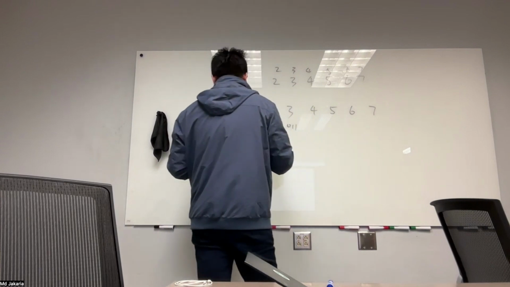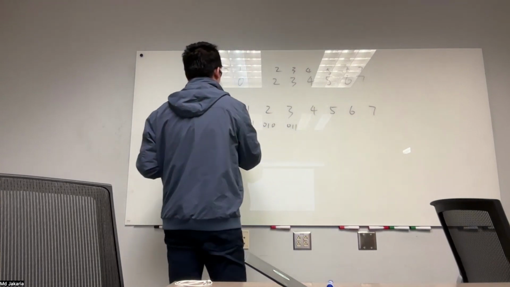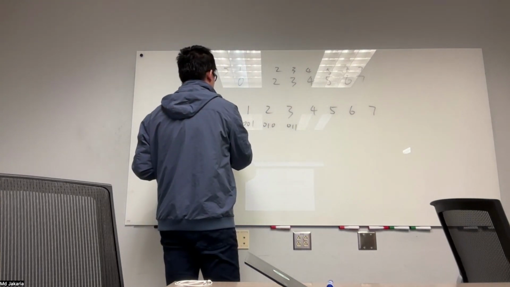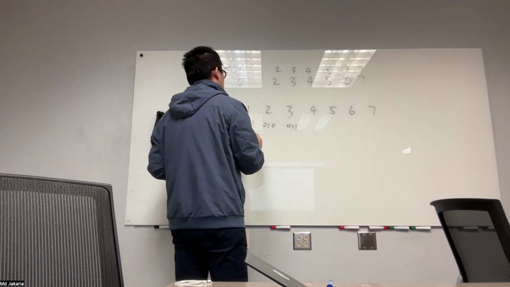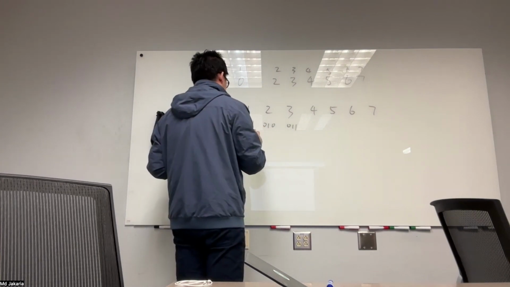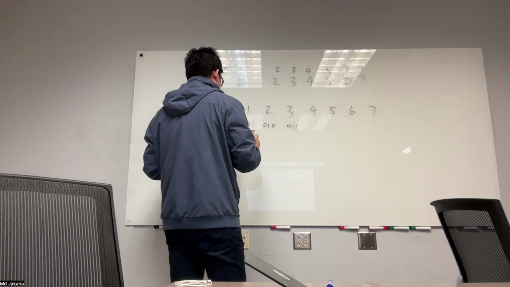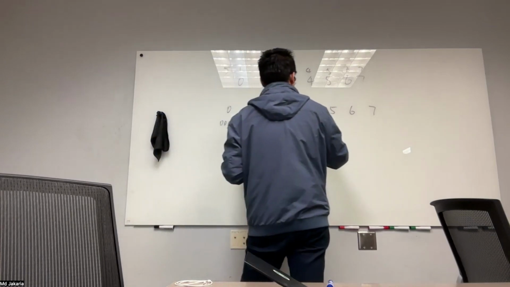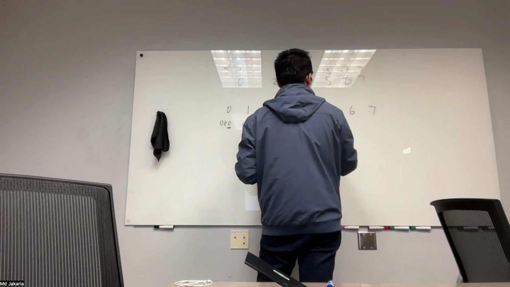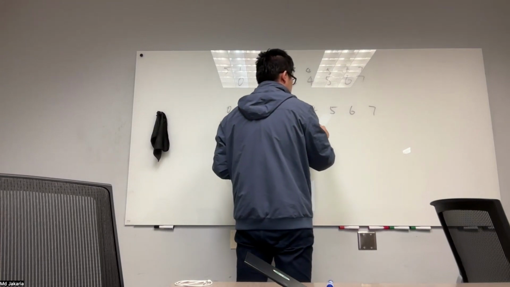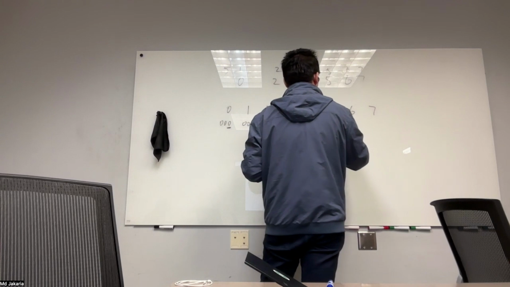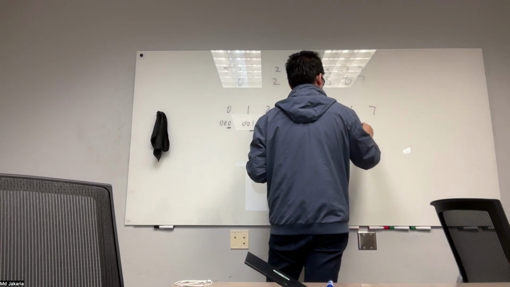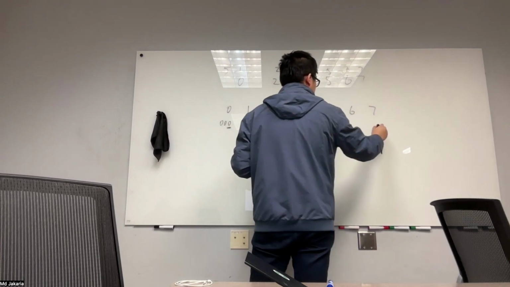For the first solution, we focus on the least significant bit, which denotes whether the number is odd or even. So the least significant bit here is 0. Okay, 1, 0, 0, 1, 0, 1, 1, 1, 0, 1, 1, 1, something like that.